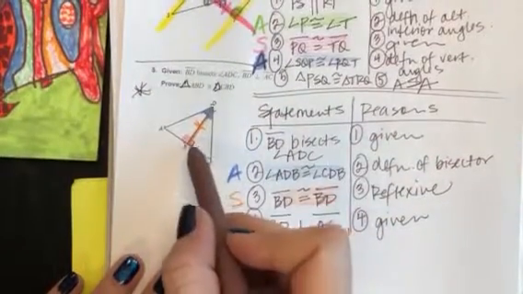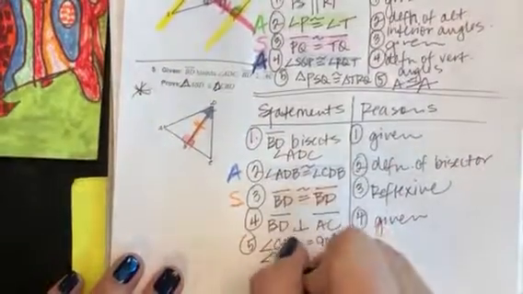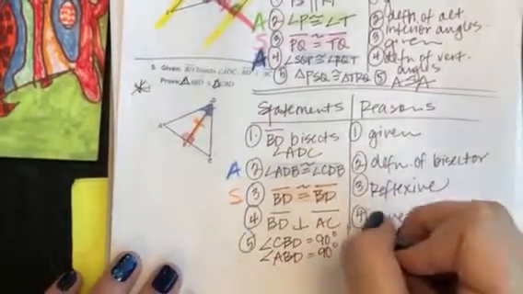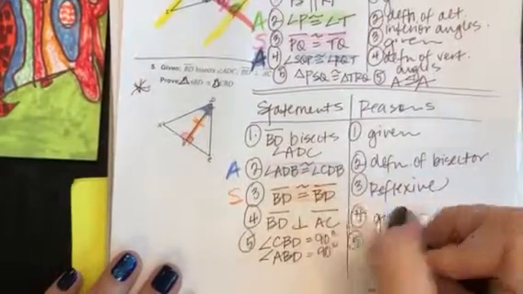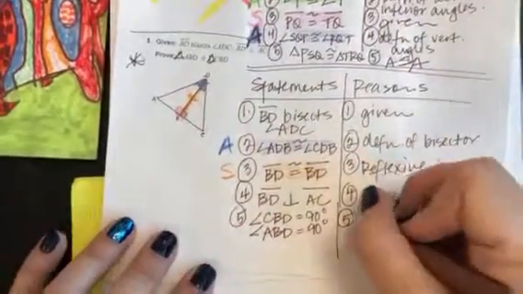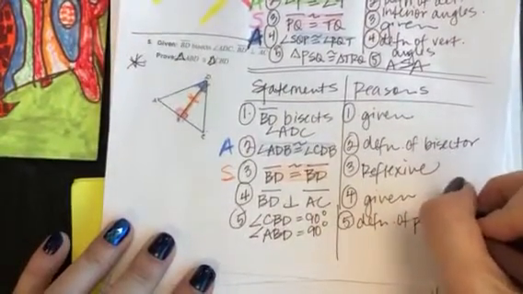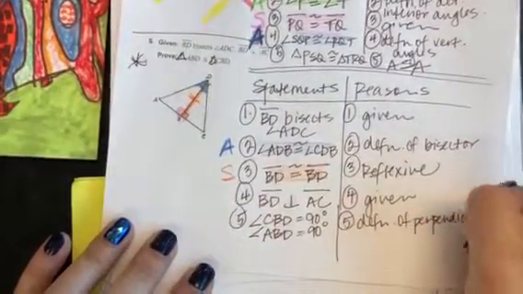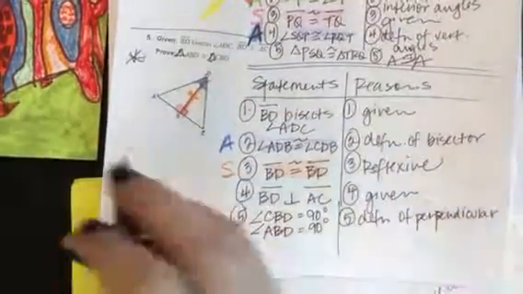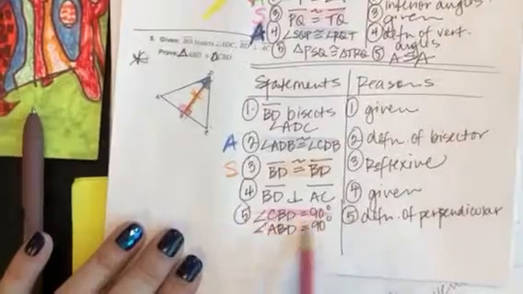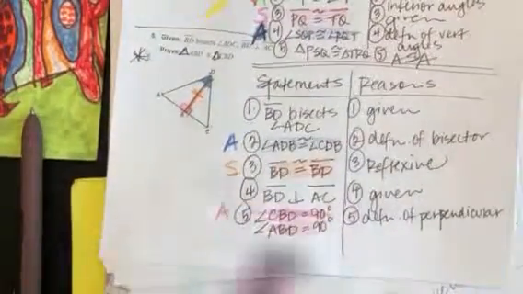Angle ABD equals 90. That is definition of perpendicular lines. Meet at a right angle. Definition of perpendicular. If both of them are 90, that right there is giving me my pair of congruent angles.